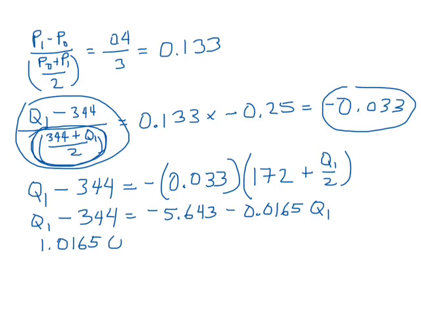And I end up with 1.0165 times Q1 is equal to 344 minus 5.643.